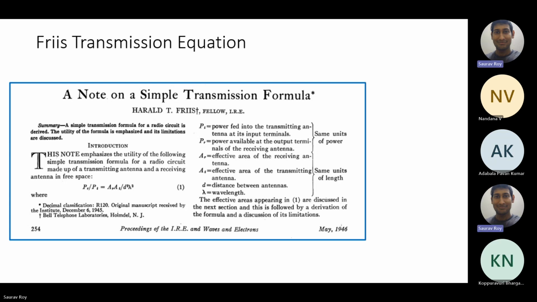It is always prevalent in today's communication or any power transfer theorem everywhere. Do you know what IRE is? Anyone has any idea? This was published in the journal IRE.